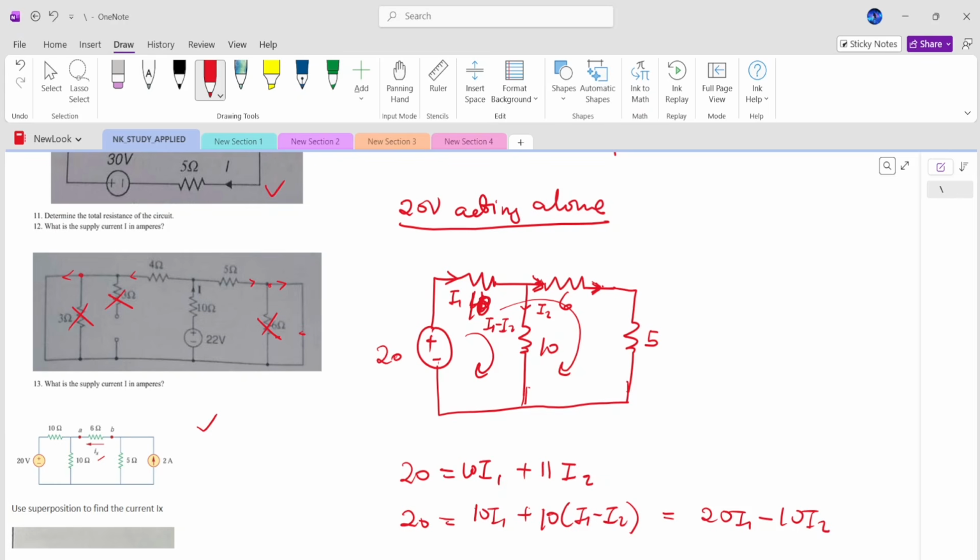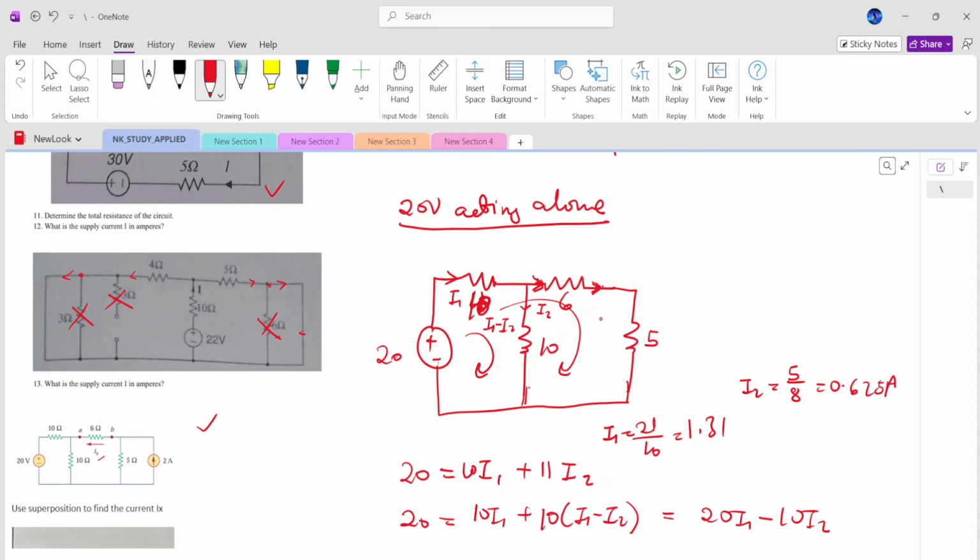we are going to have our I1 to be equal to 21 over 16, that's 1.31, and I2 to be 5 over 8, and that's 0.625 amperes.